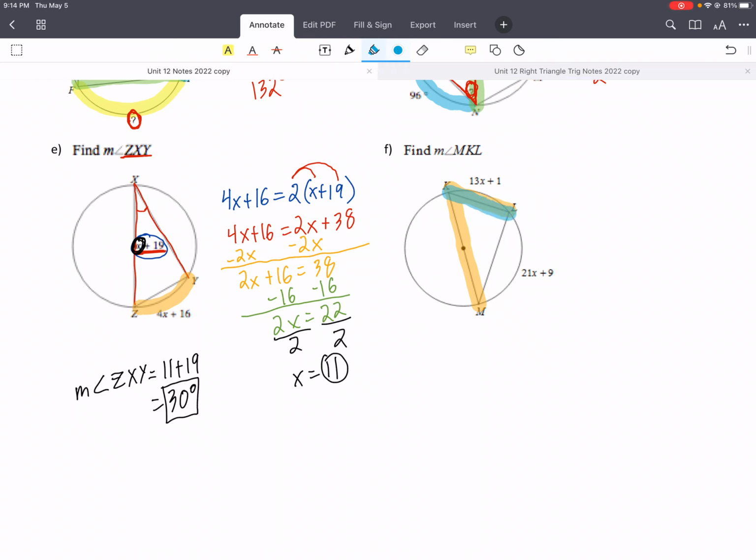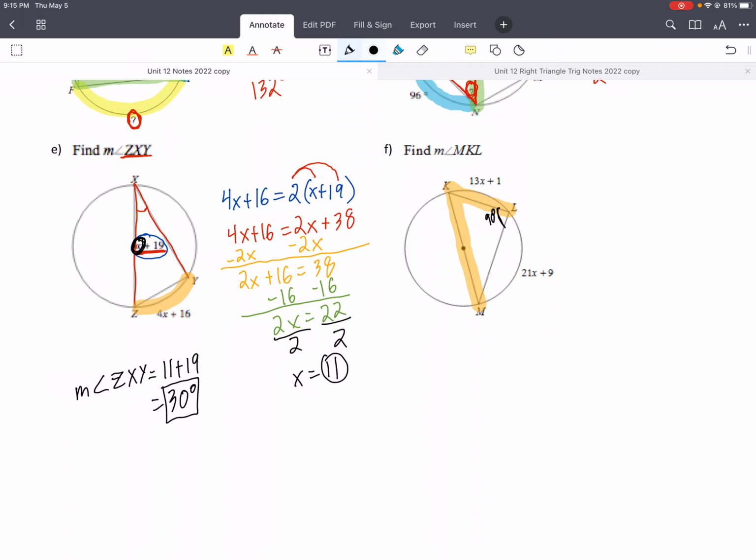So that means MLK is 90 degrees because that's a special case. So we know that that angle right there is 90 degrees.